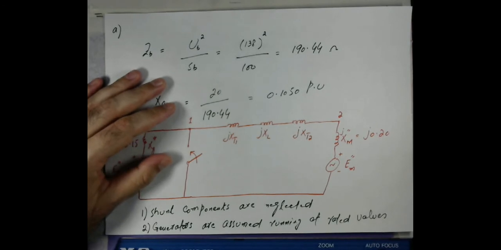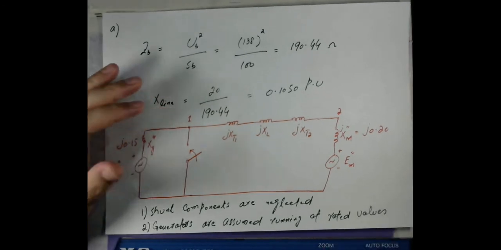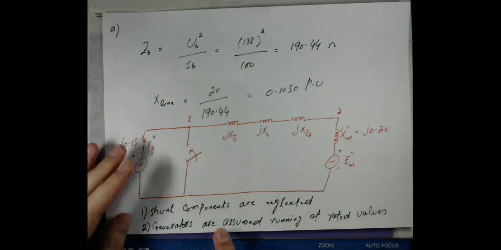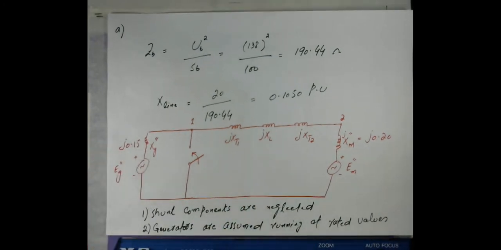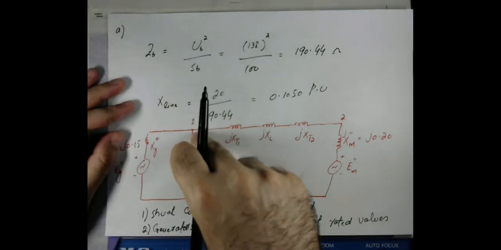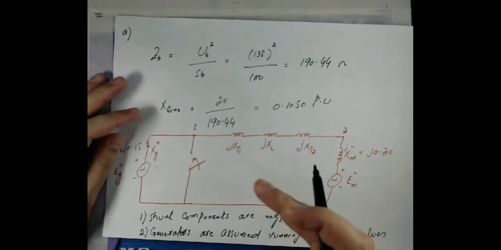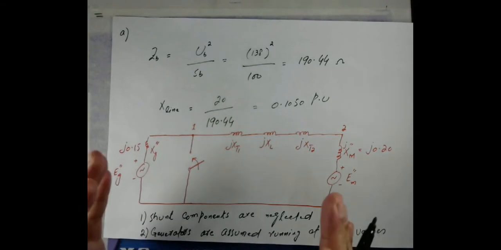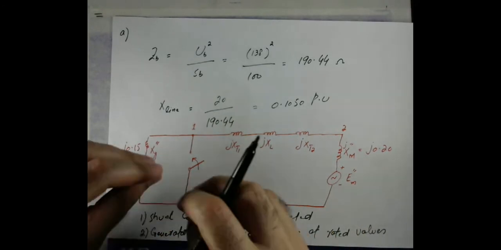So this is the second assumption, which means that we don't need to, because these two assumptions, or especially this assumption, will facilitate us to take the voltages at the faulty buses. When the fault appears at any of these buses, we will take the pre-fault voltage even when the fault appears.